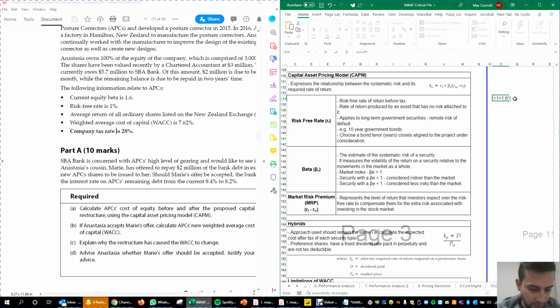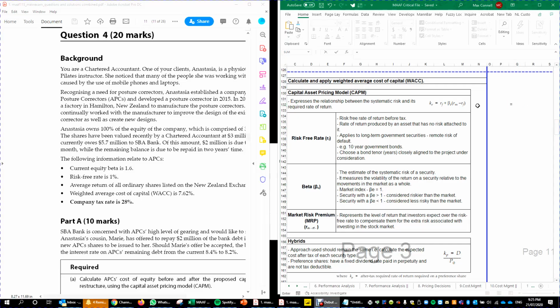The risk-free rate is 1%. But it should be the difference between RM minus RF. So we're at 1 plus 1.6 times bracket the market risk premium, which is calculated as RM minus RF.